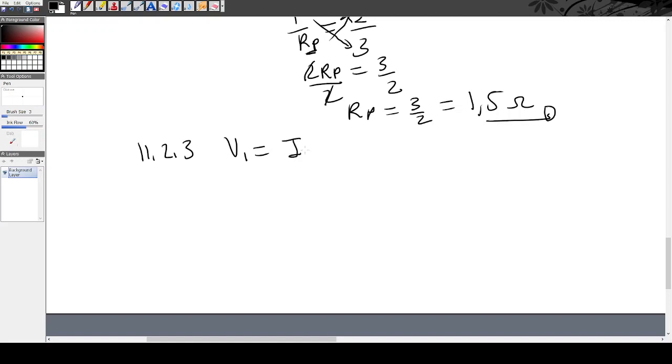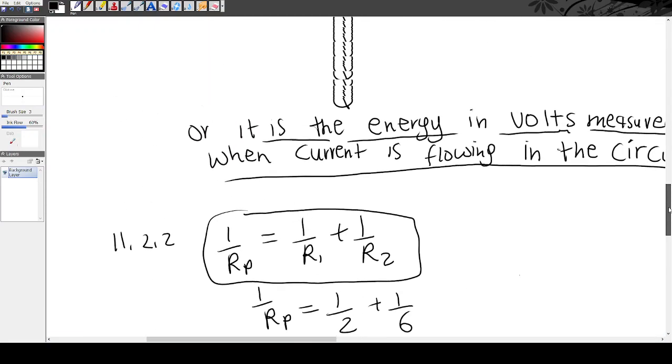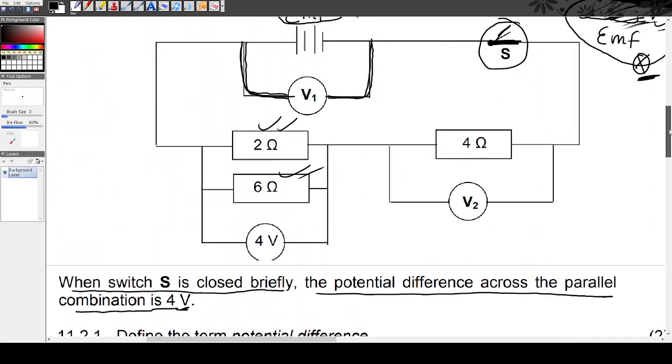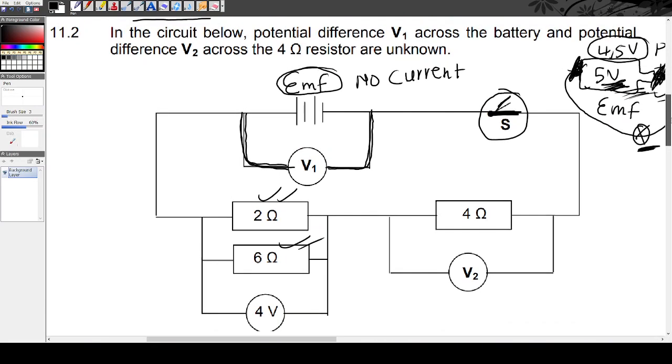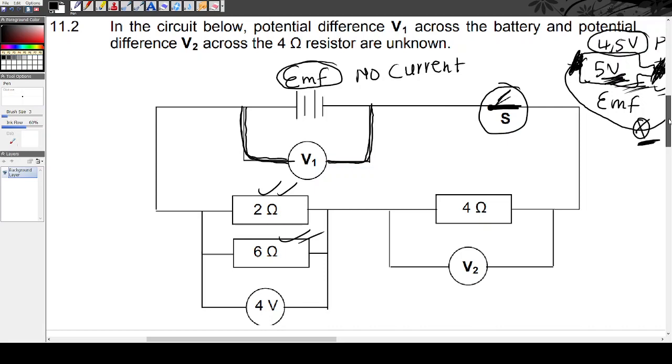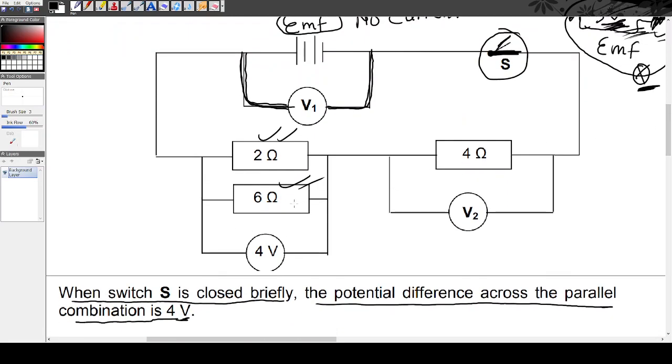To find V1, we use Ohm's law. According to Ohm's law, I times R is V1, meaning it's the total current multiplied by the total resistance. Total current, do we have total current? Let's go and see on the circuit. We don't. But we know that these two resistors have a voltage of 4 volts.